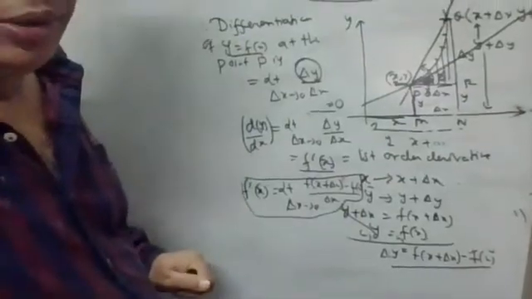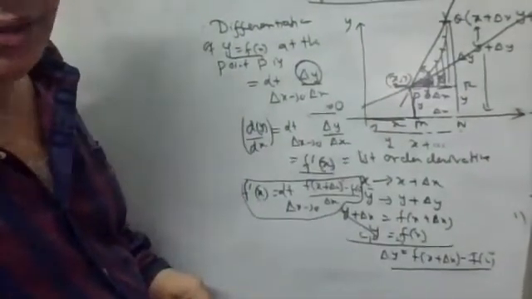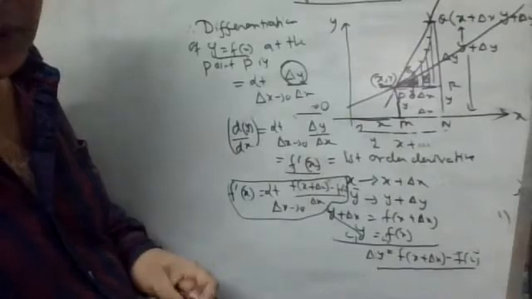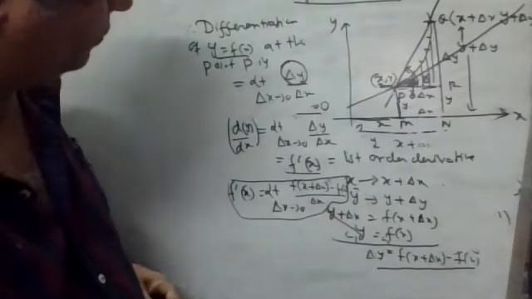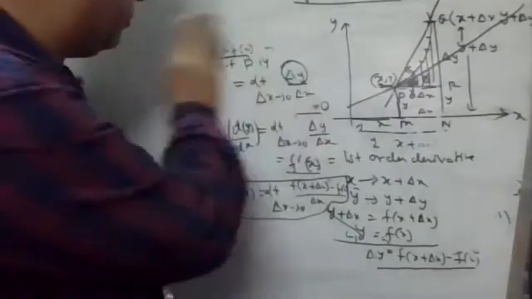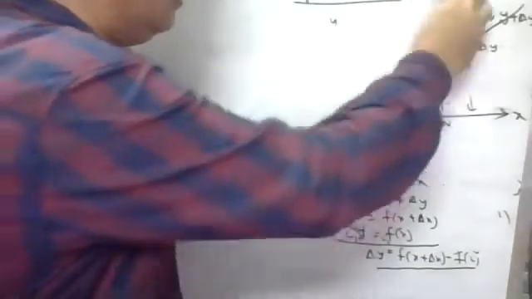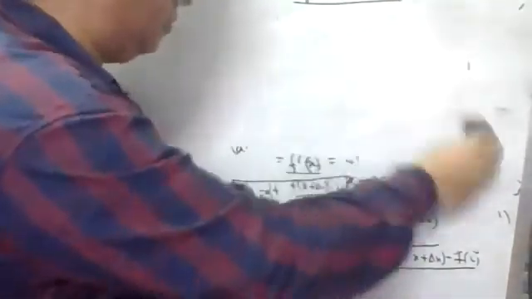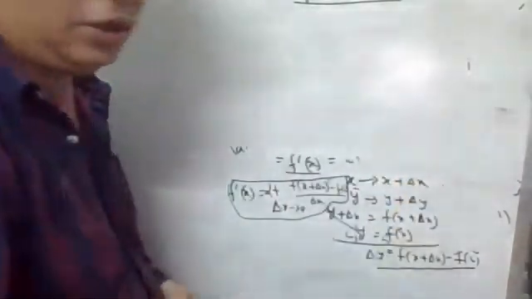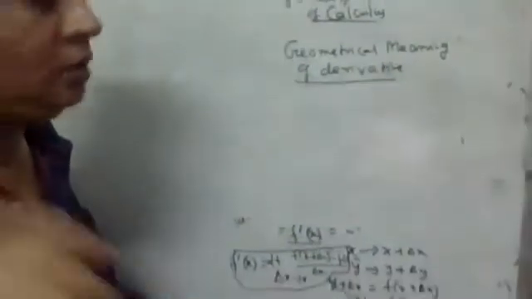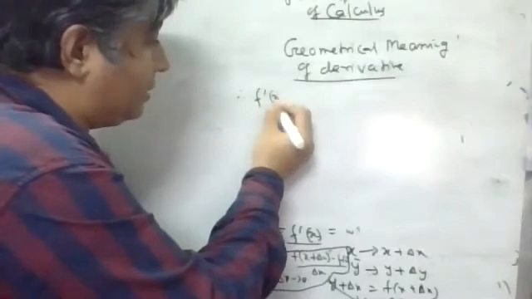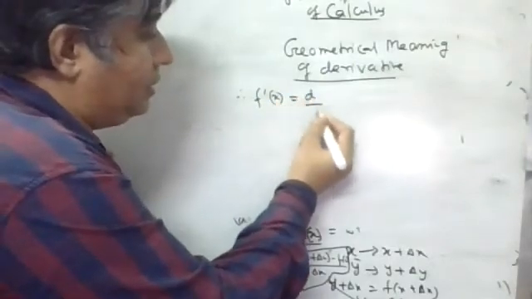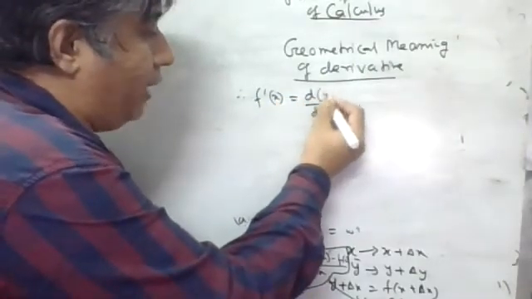Just go through and note down, then I will explain. Hope you understood. So we have got f dash x, that is d/dx of y.